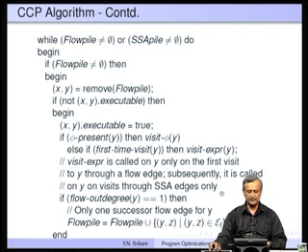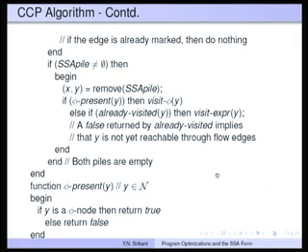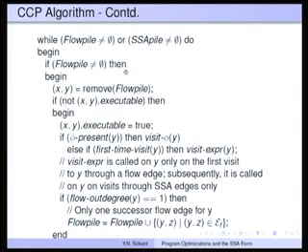So, if first time visit y is false, then we do not visit that expression right now, we are going to visit it later if any values of the parameters in the expression change. If flow out degree is 1, that means we have exactly one successor for the node after doing some processing, then we just add that to the flow pile. Then if the edge has already been marked, that is this part.